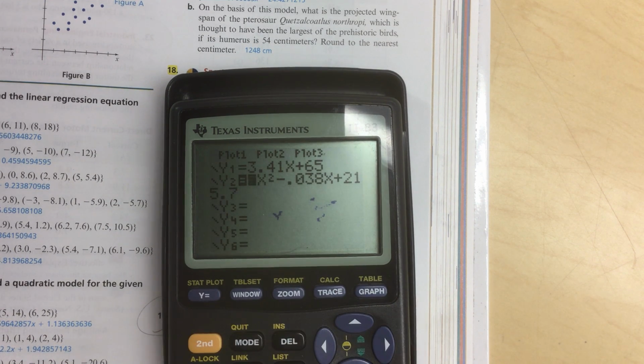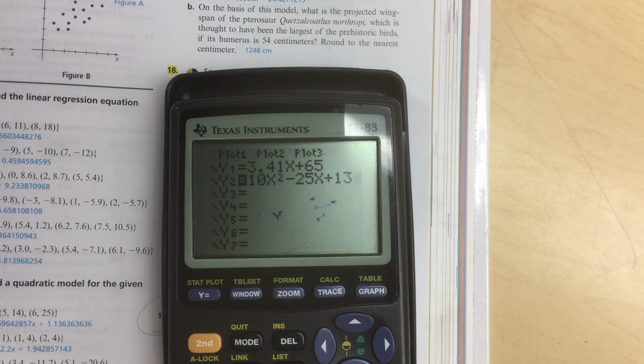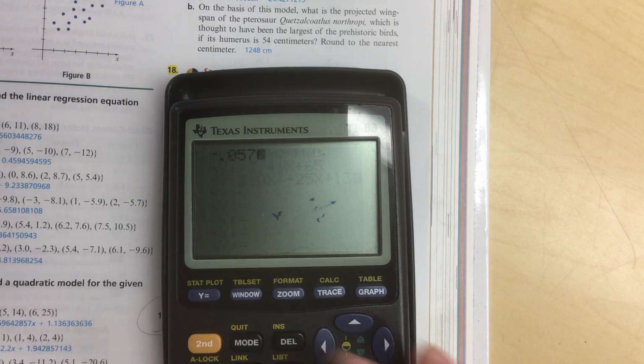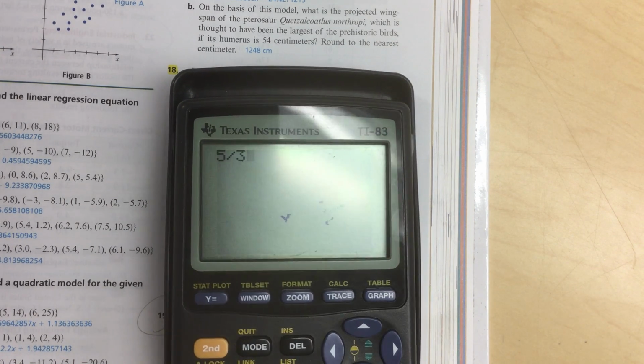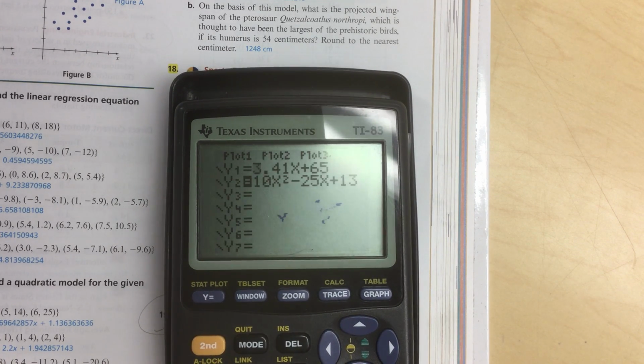Let's try a different one. Let's do one with fewer decimals in it. So let's do 10x squared minus 25x plus 13. And let's say we want to plug in 5/3. Okay, so second quit. Let's say I want to type in 5/3. What was the equation? 10x squared minus 25x plus 13.